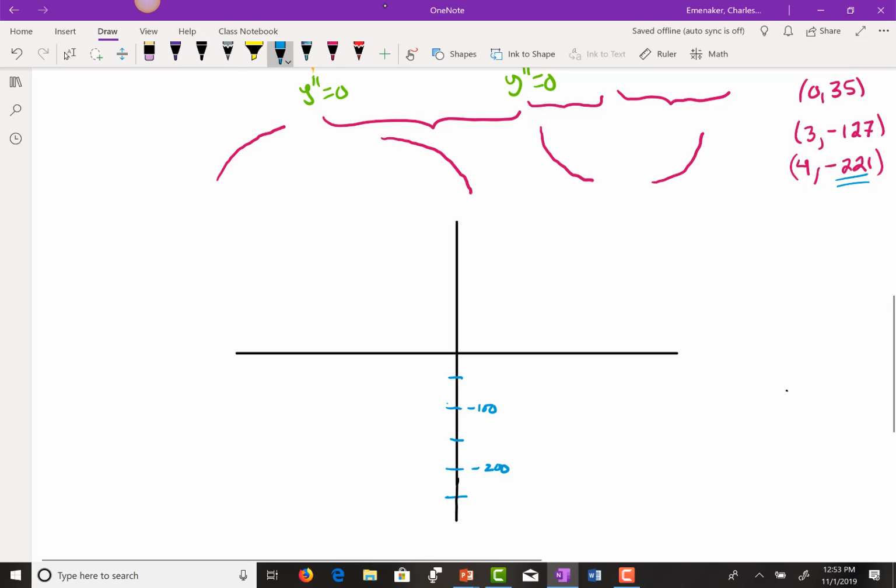Going up we only need to get up to 50, so I'll just do the 50 here. Do I need to go by 50s in the x direction? No. I can go by 1s there, can't I? So I can go 1, 2, 3, 4, and that'll about work. Good so far?